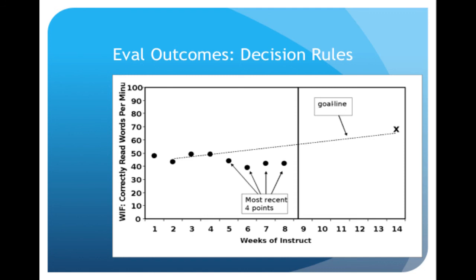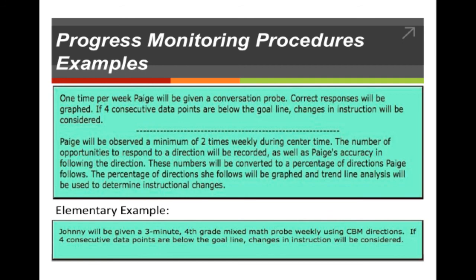The teacher draws a solid vertical line when making an instructional change. This allows the teacher to visually note when changes to the student's instructional program were made. The teacher then reevaluates the student's graph in another 7 to 8 data points to determine whether the change was effective. Here is an example of preschool and elementary progress monitoring procedures.